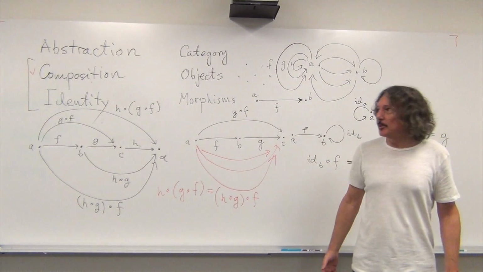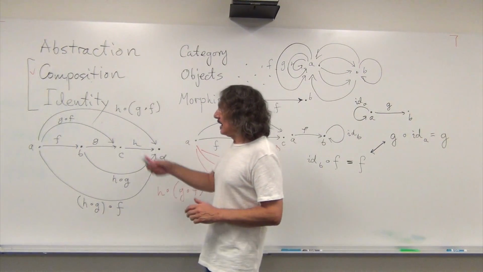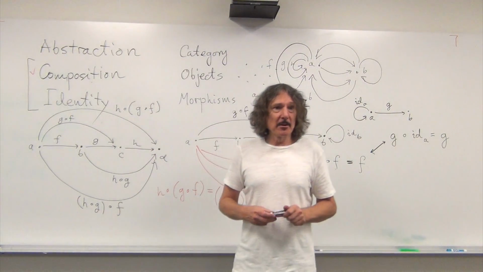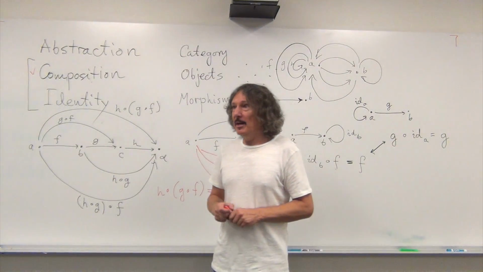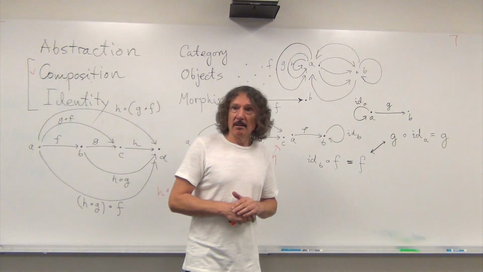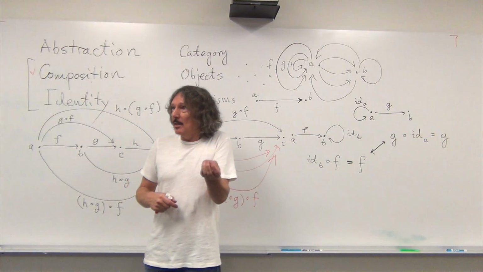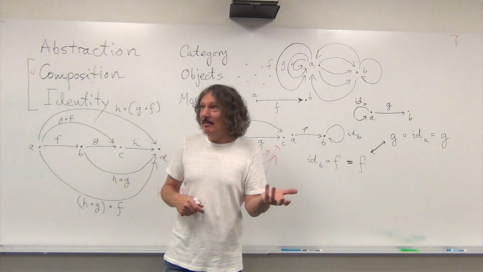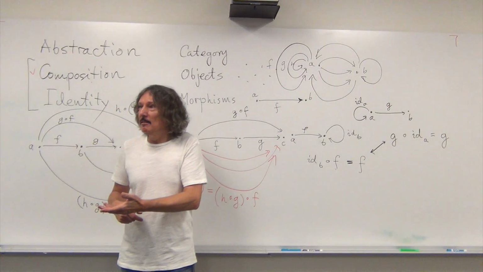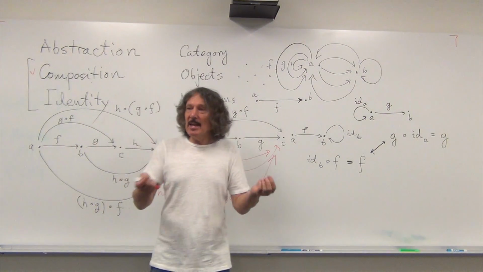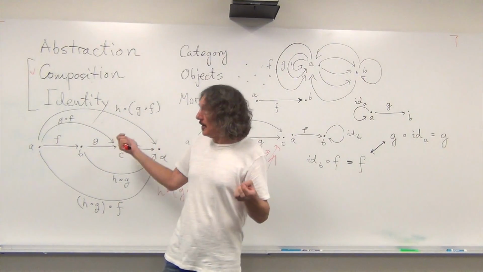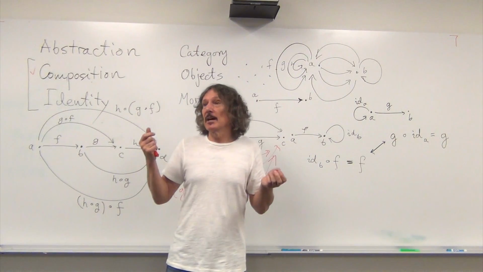And this is the category in which objects are types and arrows are functions, right? Like any single argument function takes an argument of a type A and returns a result of type B, right? So in that sense, a function is an arrow or a morphism between two types.